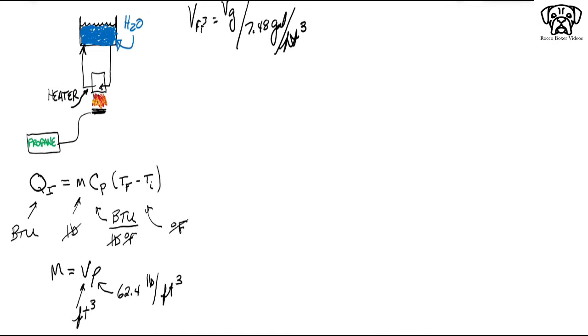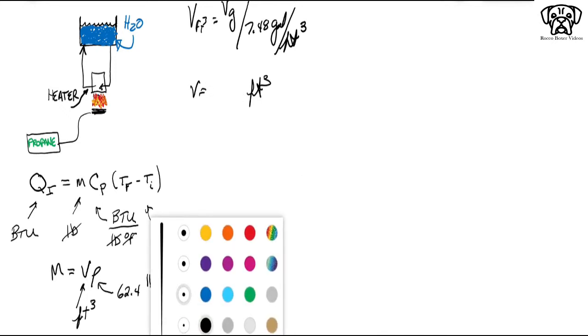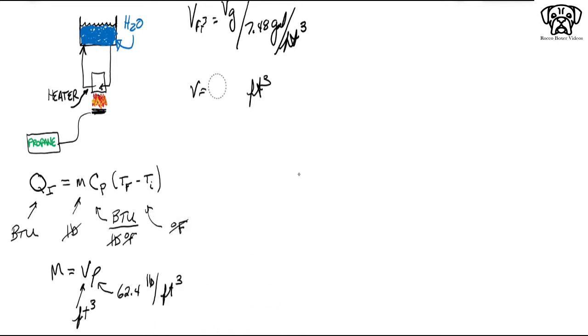But for us, we're going to assume that the volume for ours is 550 cubic feet. Let me just clean that up a little bit, it was kind of sloppy. It is 550 cubic feet. So we have that, and we know the pounds per cubic foot.